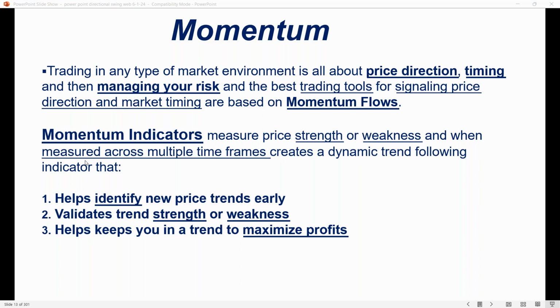Momentum flow indicators measure price strength or price weakness, and when measured across multiple time frames, this creates a dynamic trend following indicator that you can use. It's going to help you do a number of things. The momentum will help you identify new cycle trends early. It'll help validate your specific trend strength or weakness, and then will help keep you in the trend and maximize your profit.